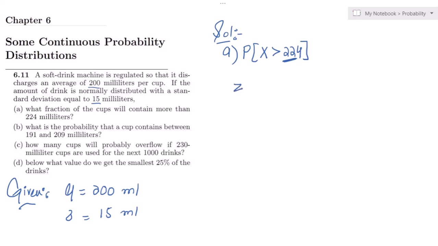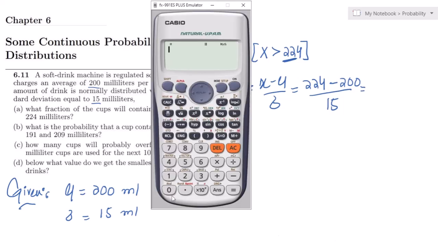So this value should be converted to the z value. We know that z is equal to x minus mu divided by sigma. So x is 224 minus mu, 200, divided by 15. This would be 24 divided by 15, which is 1.6.